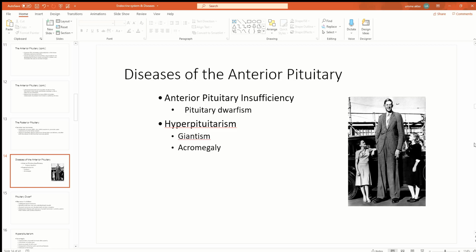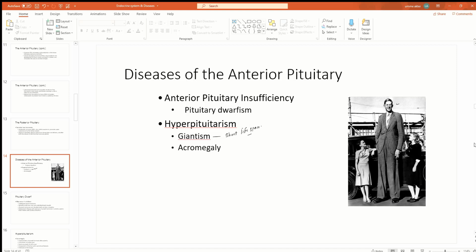So the problem of giantism or gigantism is that the people who got giantism usually have a short lifespan. Although they are big, their lifespan is shorter than average people. Why is that?